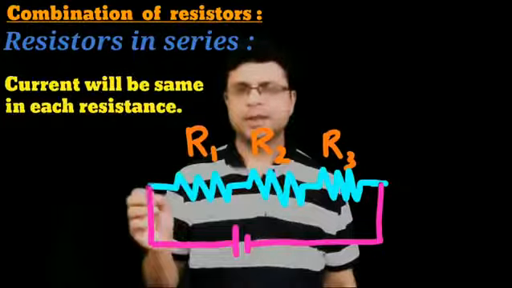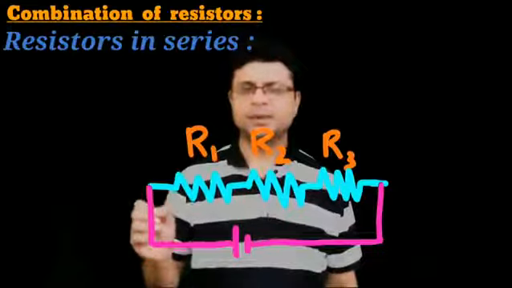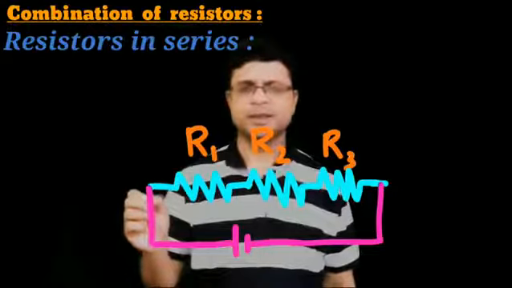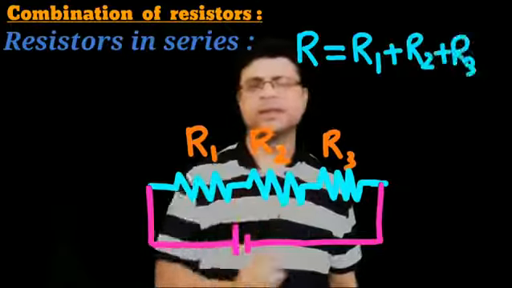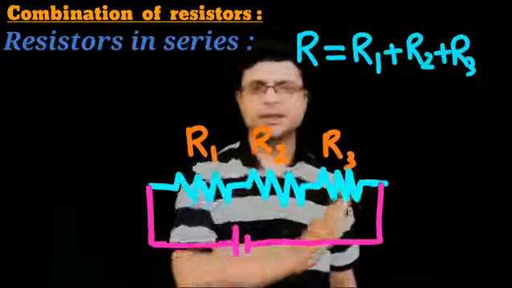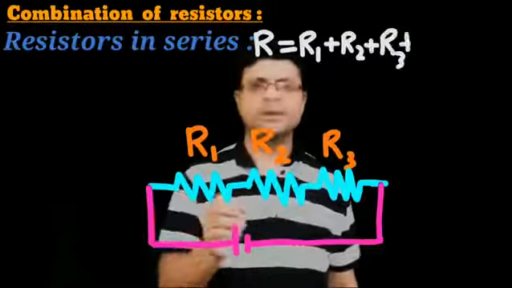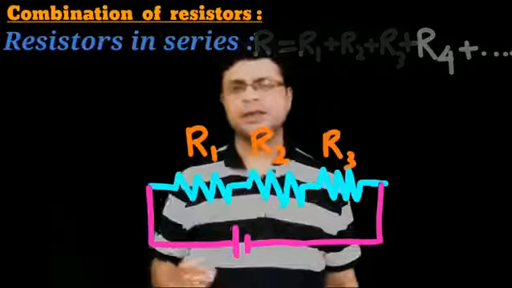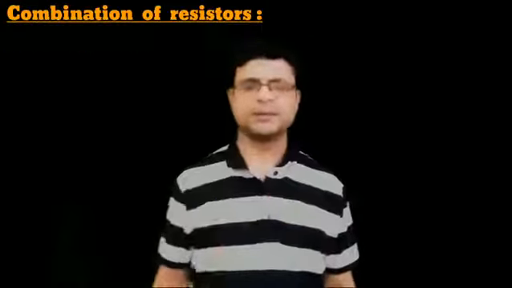Now in series connection, the total resistance, which we call the equivalent resistance, R will be equal to R1 plus R2 plus R3. If there are more resistances, we will add like this: R equal to R1 plus R2 plus R3 plus R4, and it will go on. Alright, so here the equivalent resistance is the sum of all the resistances.